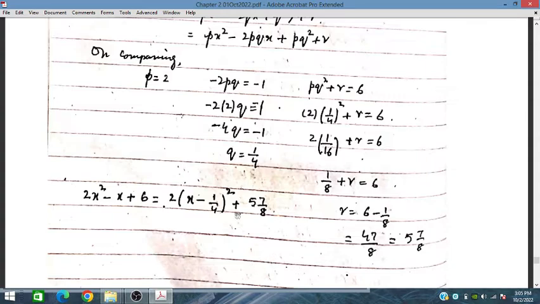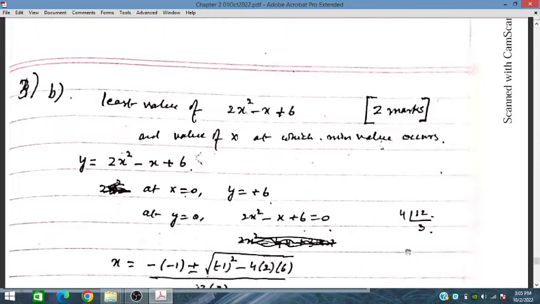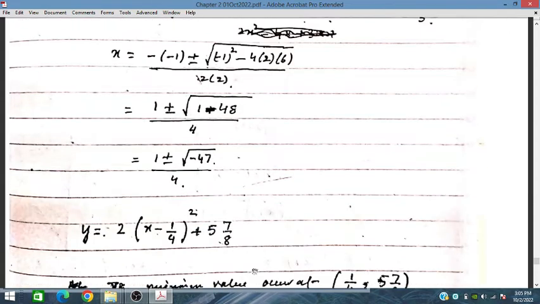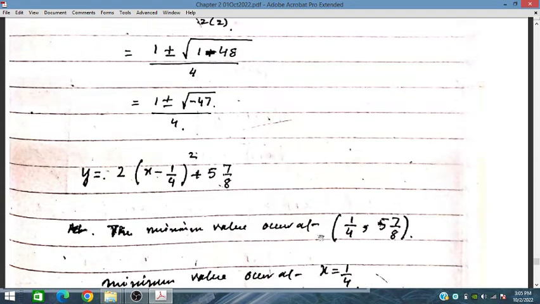We have already solved it. So this is the minimum value, 1/4 and 5/7/8.